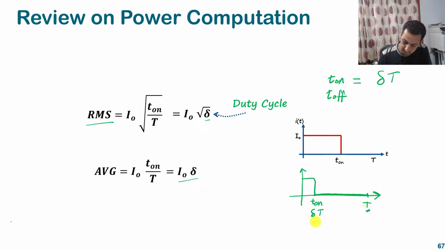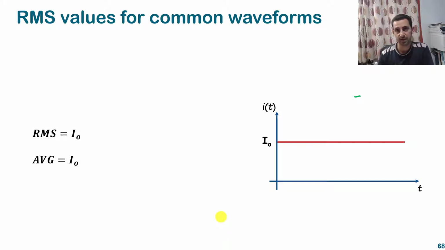It's T minus delta T, the full period minus delta T, and it equals 1 minus delta T. So delta T is the T on, or the first portion of the signal, and the second portion is 1 minus delta T. Okay, let's memorize this and go to the second example, which is the DC value.